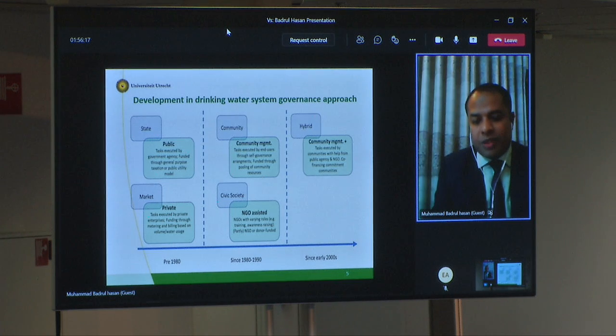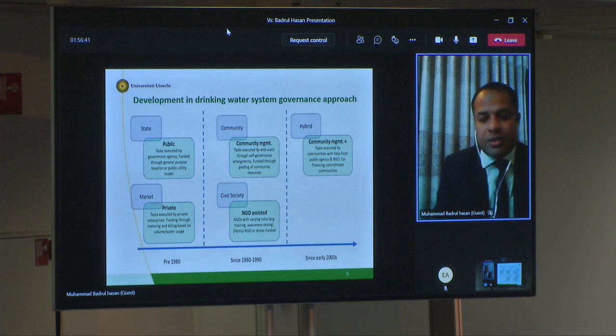In recent times, at the beginning of the 21st century, it has been found that the community management model is not performing optimally. That's why the hybrid governance approach has been developed and followed in many developing countries.